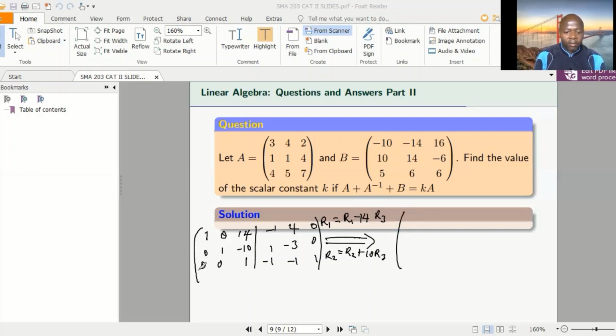Let's begin with row 1. This by 14, subtract from that, get 1. This by 14, subtract from that, 4. This by 14, subtract from this here. This by 14, get negative 14.